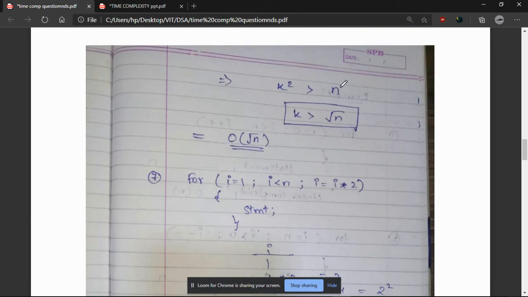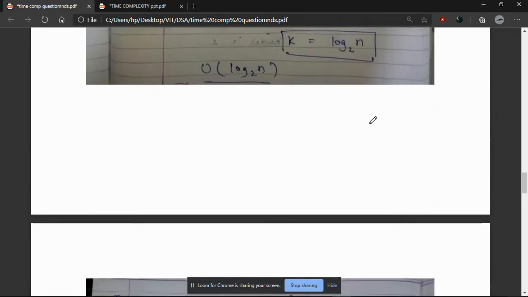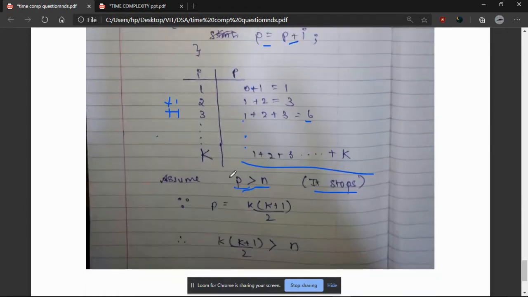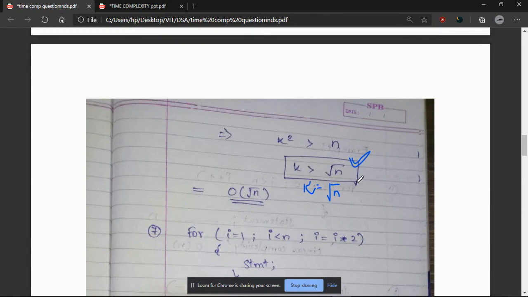After solving it, we get k squared greater than n, and this is a very important result: we get k is greater than root n, which means k is equal to root n. So if we get till root n, the execution stops. So the time complexity will be equal to big O of root n.